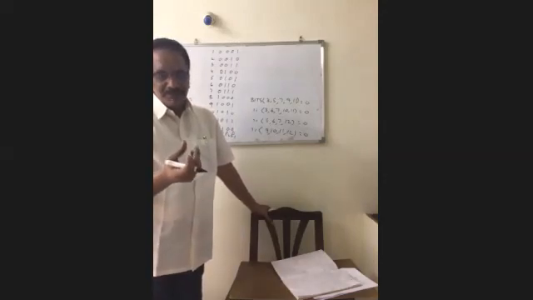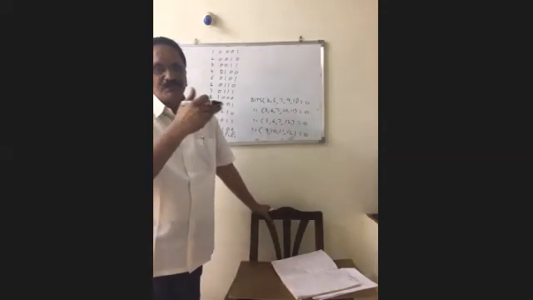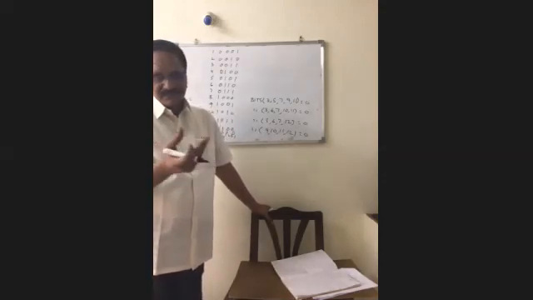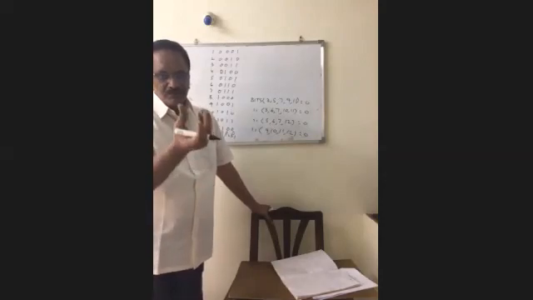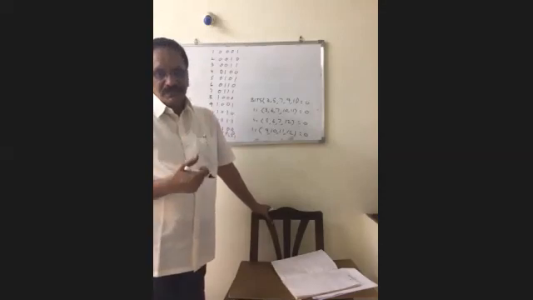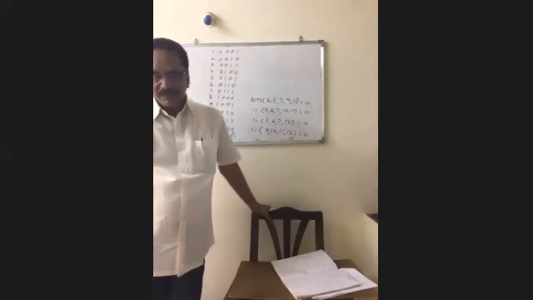If there are 10 bits, you have to write the decimal numbers from 1 to 10. If the number of bits is, say, 17, you have to write the decimal numbers from 1 to 17. 1 to 17 means it's a 5-bit binary equivalent.